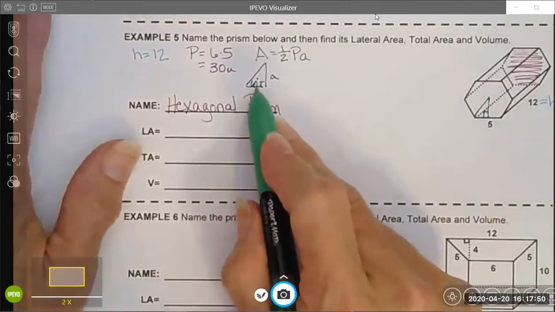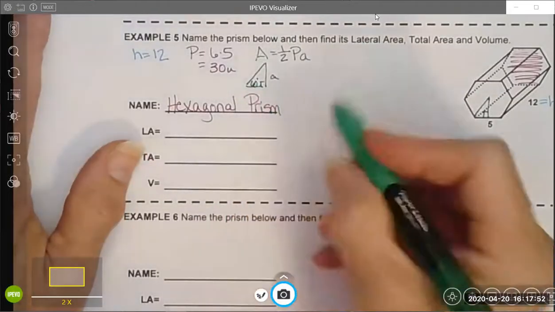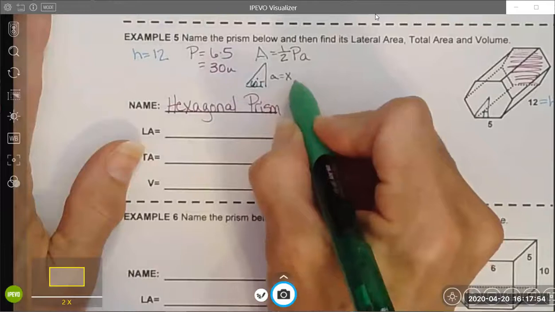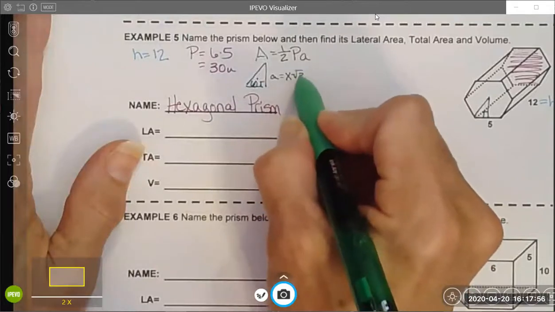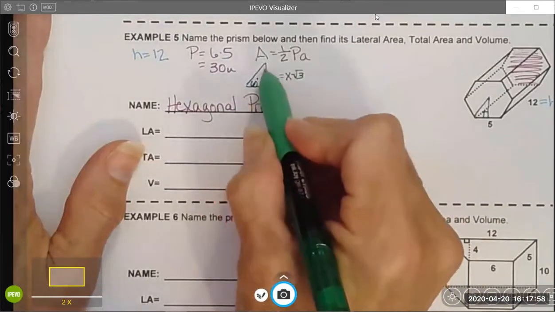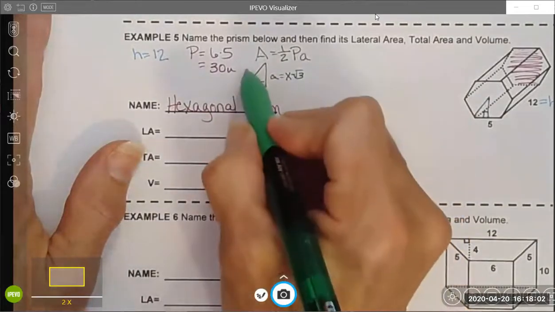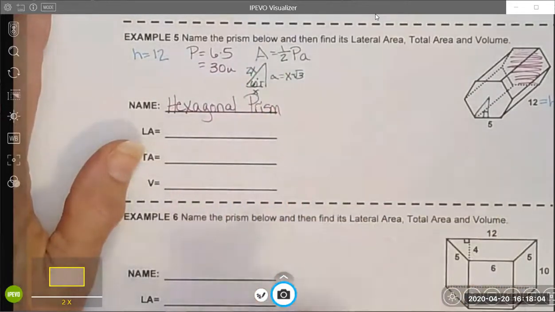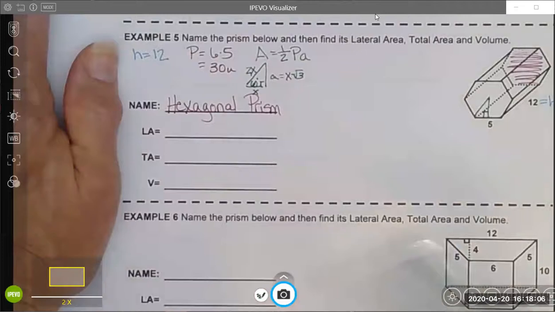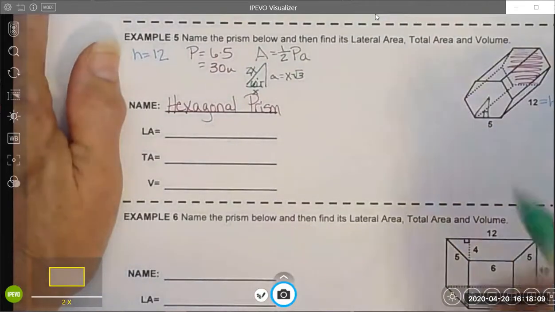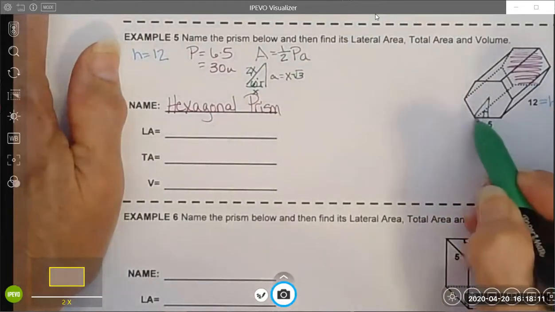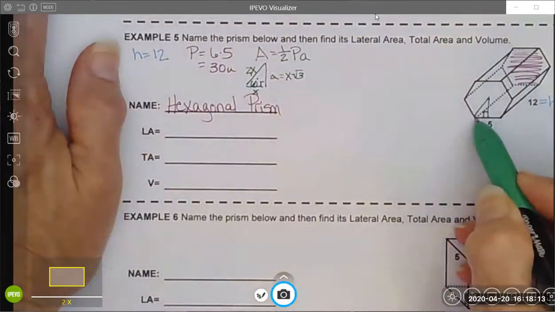I also remember that across from a 60-degree angle, we can represent that side as x square root 3. The short leg across from the 30-degree angle can be represented with an x, and my hypotenuse with a 2x. If I use the information I was given in my original problem, I see that the entire side of my hexagon is 5.